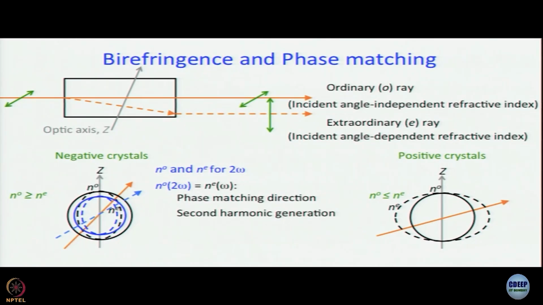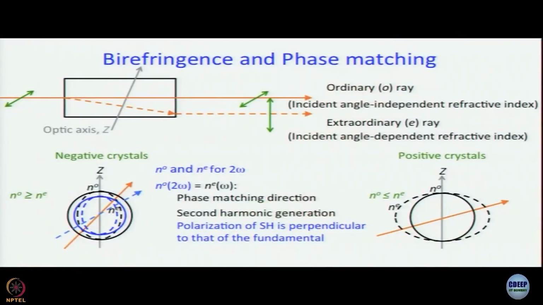This is why second harmonic light has perpendicular polarization with respect to the fundamental. Polarization of second harmonic light is perpendicular to that of the fundamental. So far so good, everything is looking nice.